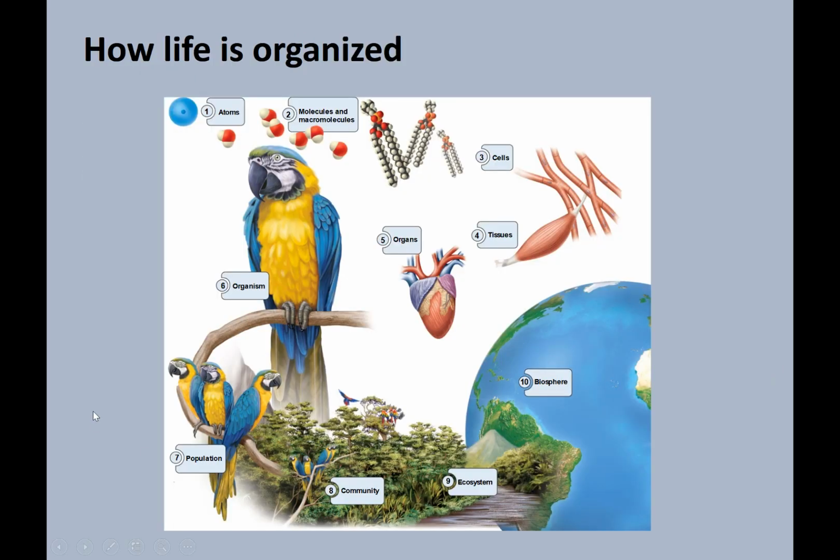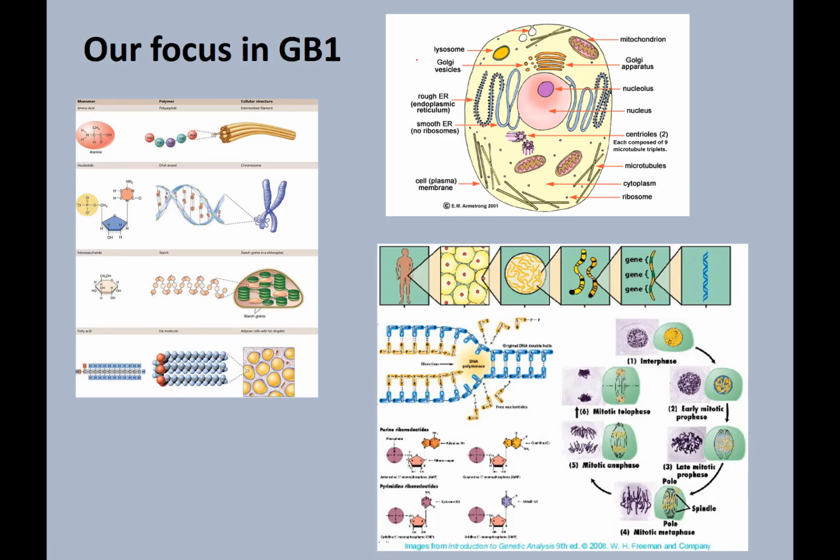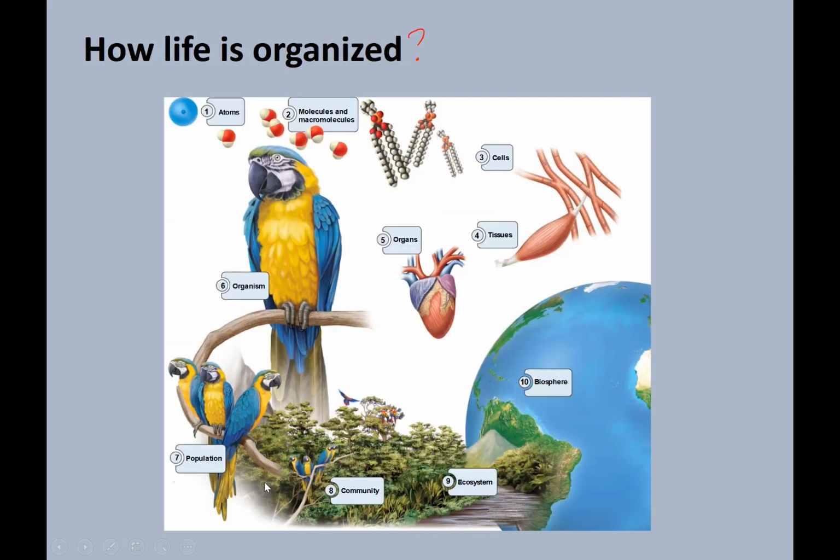All right, so how is life organized? I guess there should be a question mark here. Oops. Okay. I like this picture because it shows you from small to large. The organization of life.